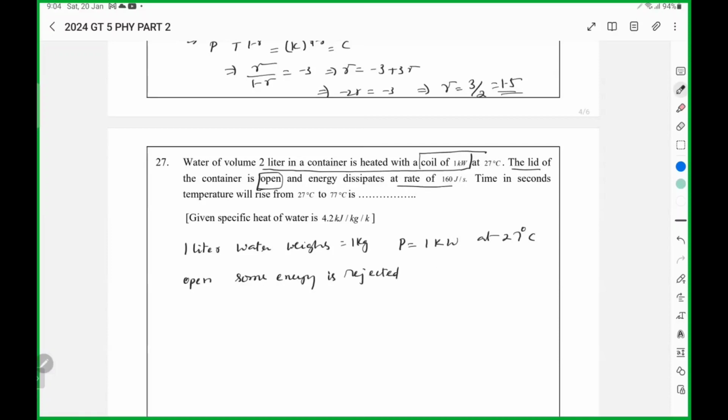So at what rate is energy rejected? 160 joule per second or 160 watt. So the net amount of heat will be 1 kilo, 1000 watt minus this much of watt.